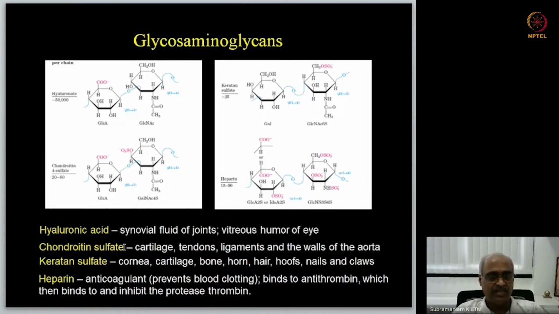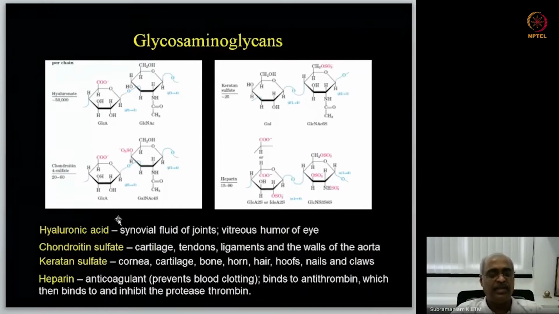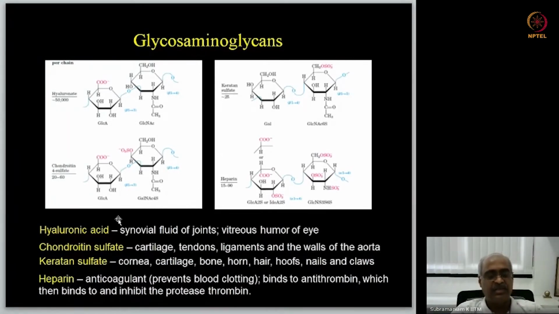So the primary aspect of this structure is that these multiple groups that can form covalent bond or electrostatic interaction or other hydrogen bond kind of non-covalent interactions, they provide multiple contact points for various molecules to interact. And finally, the ultimate result of such interaction is the tensile strength of these tissues.